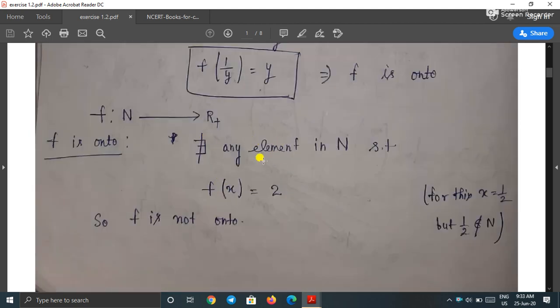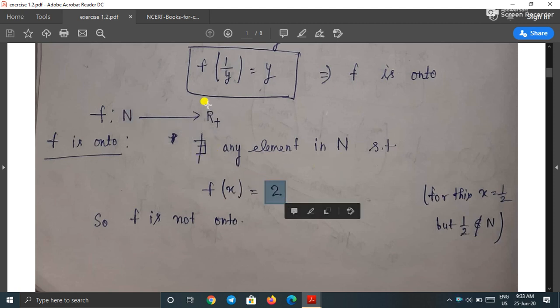There does not exist any element in N such that f of x is equal to 2. Because if we want f of x to be 2, then x must be 1/2, and x cannot be 1/2 because 1/2 is not a natural number. So we don't have any natural number whose image is 2.